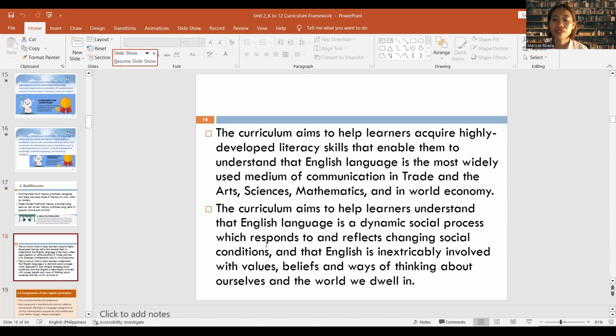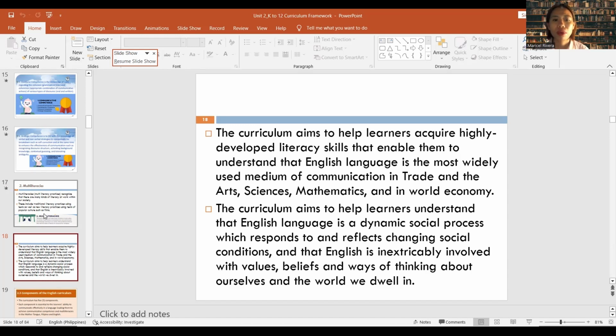Because we all know, class, that in different disciplines English is also used, especially here in our country, right? And for us to be able to succeed, we must know and understand the English language and must know how to use it in different media of communication, especially as it's used in various disciplines.